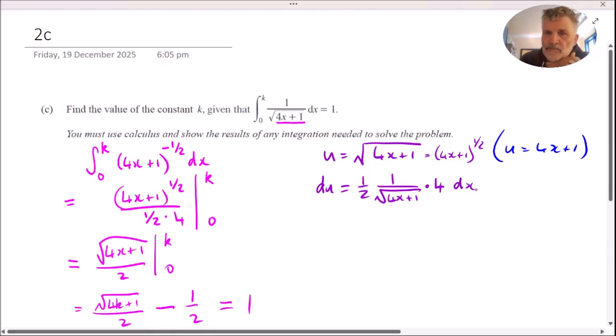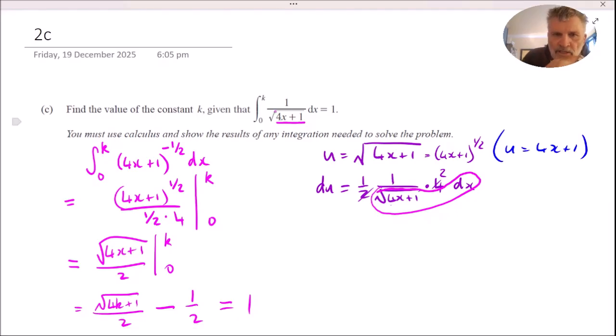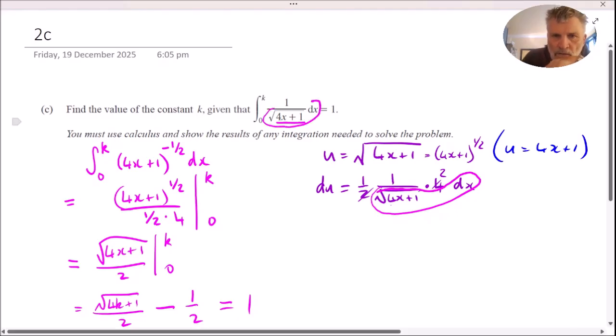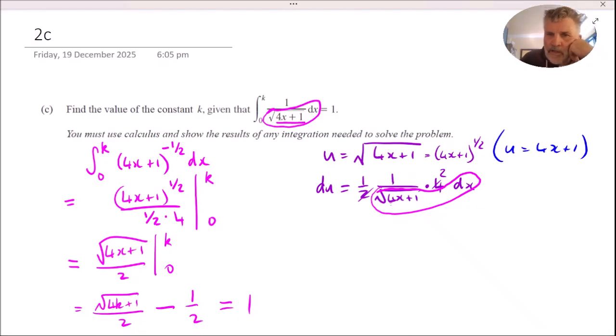And then dx. So we've got a 2 here. And the beauty of this is all of this matches exactly all of this. So we can substitute out all of this and then just get a du, and we just have to deal with the 2, which is just dividing on the other side.